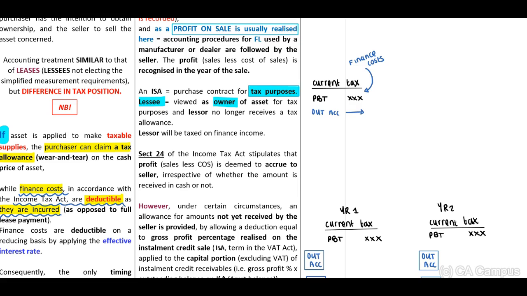But still for accounting purposes, guys, is this still the owner? No. Why not? Because we've already credited our asset when you look at your journal entry. Therefore, nothing, guys. From a tax point of view, remember now for tax, the finance income is already included in our profit before tax. Therefore, we will need to be taxed on this.